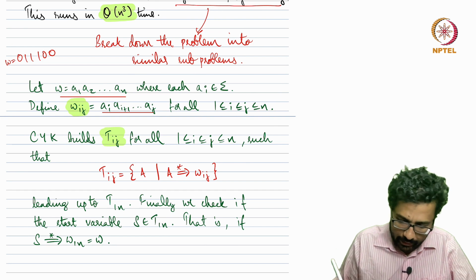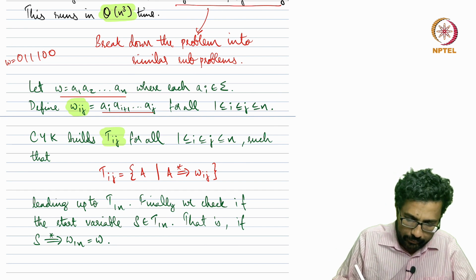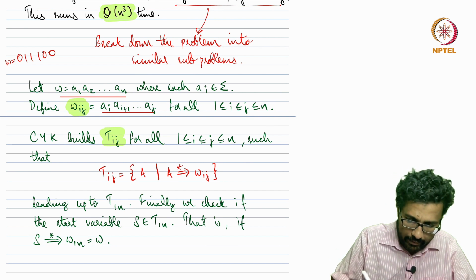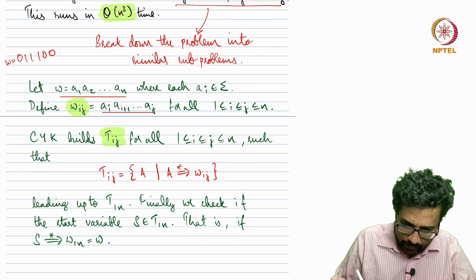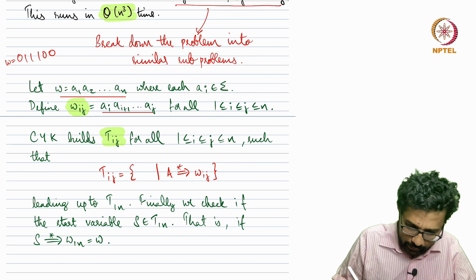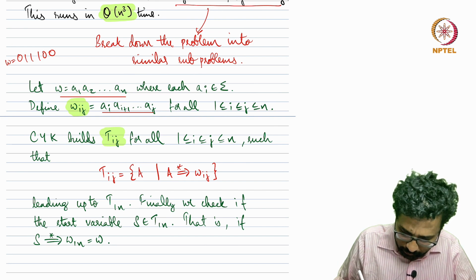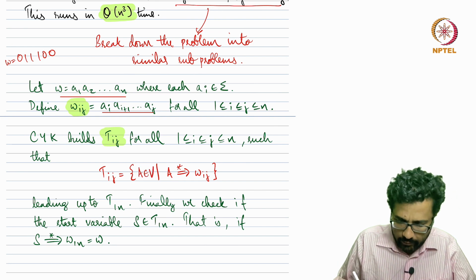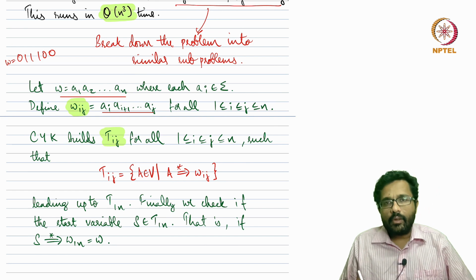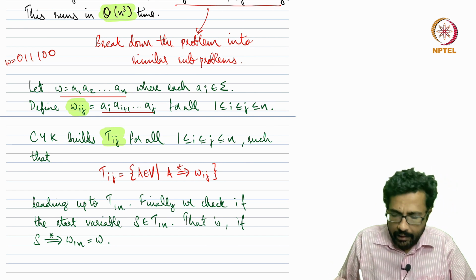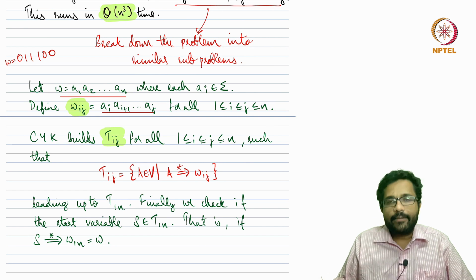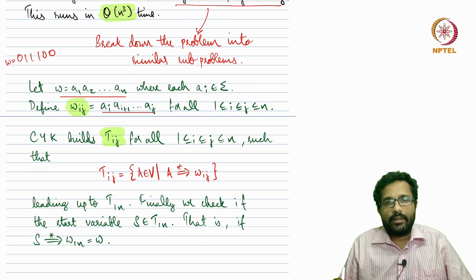Maybe I'll just write that. So for all A in V, A is a variable, where A yields or derives the substring Wij.